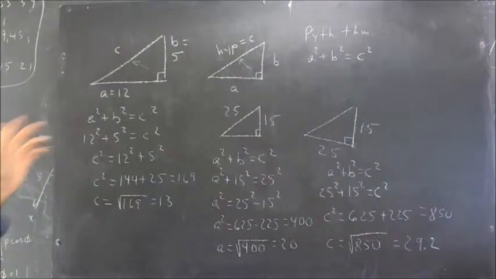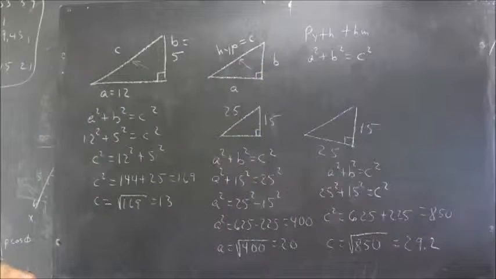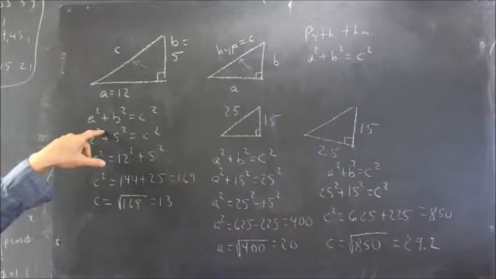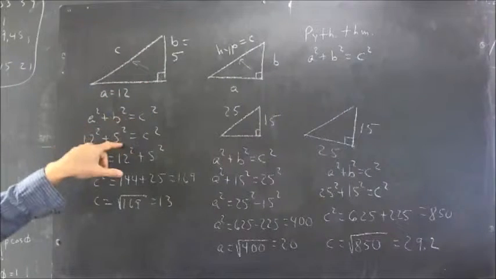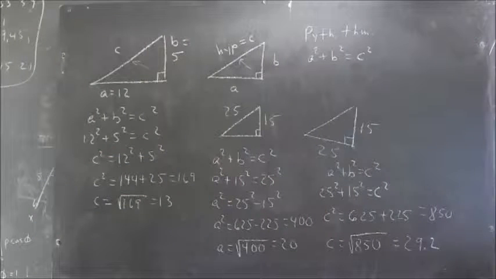If we plug the numbers into the formula a squared plus b squared equals c squared, A is 12, so we have 12 squared, B is 5, so we have 5 squared, and C is unknown, so we're going to leave that as c squared.